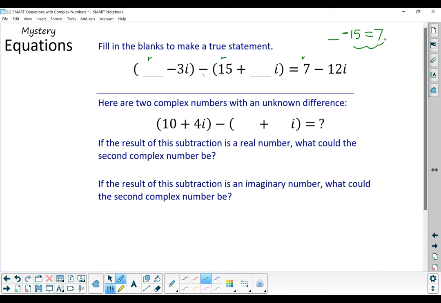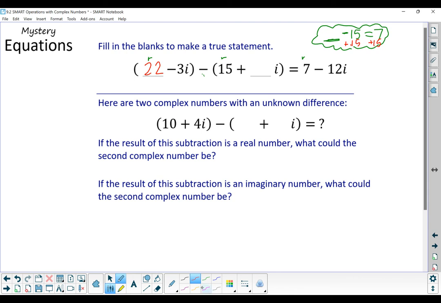If it helps you, you can write this out, or you can just think it in your head. Some missing real number minus 15 gives me 7. Well, that missing real number is a 22. If you write it out this way, you could see that what you need to do is add 15, or you might have already figured that out by thinking through it mentally.